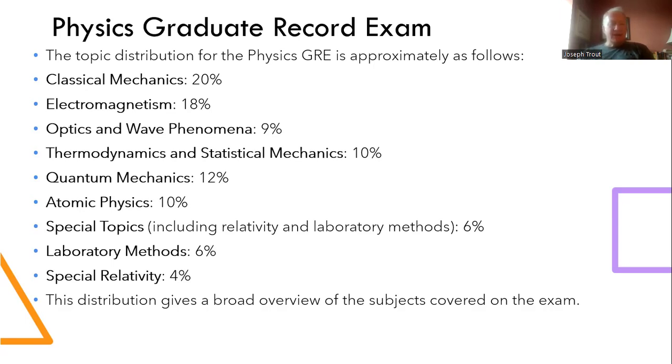The next highest topics are optics and wave phenomena, thermodynamics and statistical mechanics, and quantum mechanics and atomic physics. Then we have some special topics, laboratory methods about 6%, and special relativity about 4%. So this distribution gives a broad overview of the subjects covered on the exam.